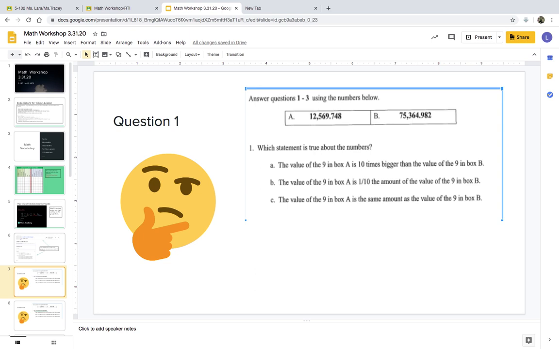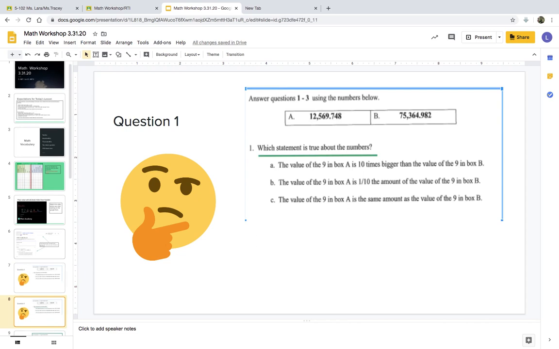Okay, so now I am looking at this question and I'm saying, which statement is true about these numbers? So I know that I need to underline this sentence because this is what the problem wants me to do. Now, I read this question again to myself just to make sure that I understand.